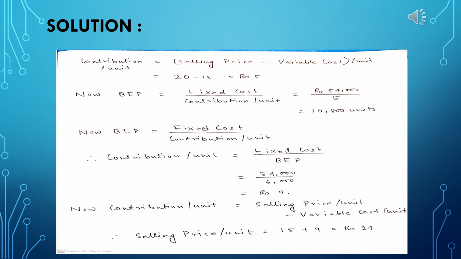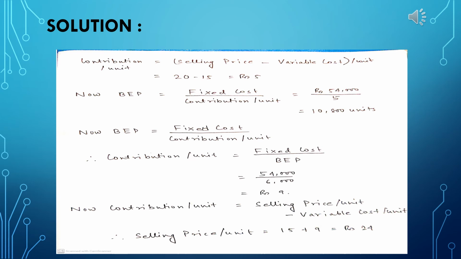And if we are bringing down the break-even point, our concept should tell us that the selling price per unit should increase, because we are obtaining the break-even point much earlier than it was anticipated.